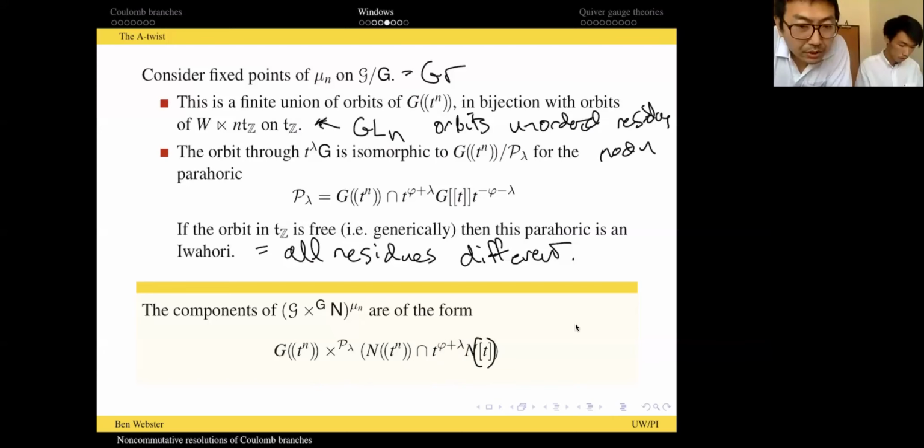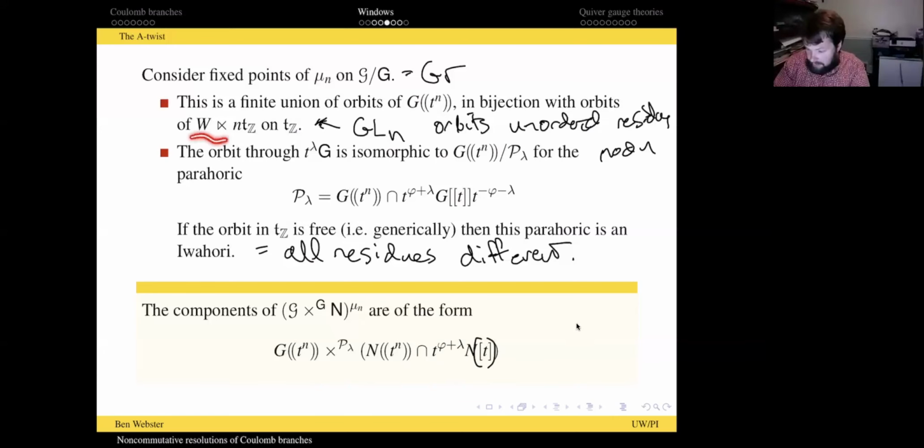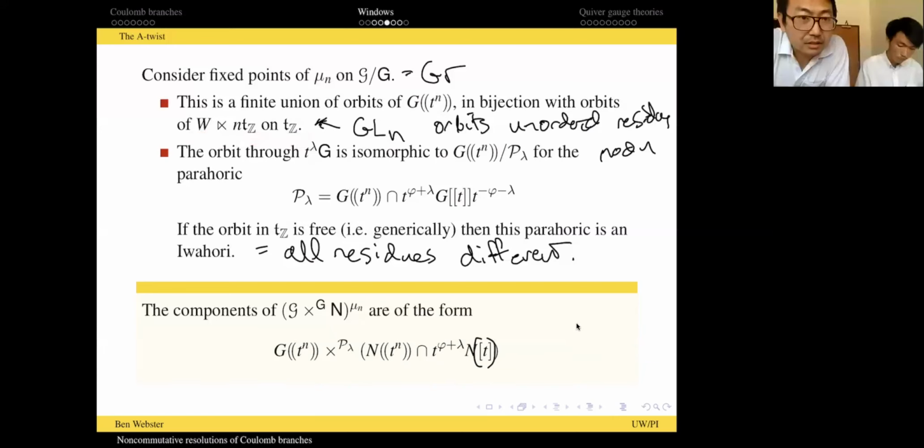I'm sorry. So when you say the components are of these forms, what's the labeling? What's the index set for the components? The orbits of this group on the set of co-characters. So the same kinds of index set. Yes, it's right.